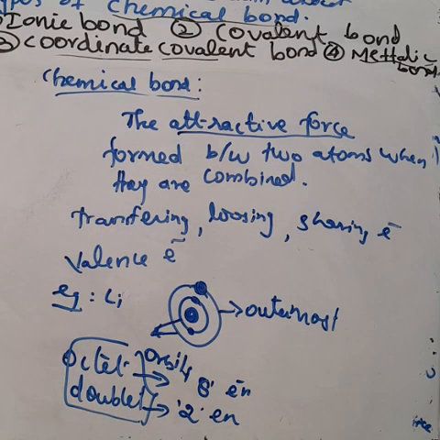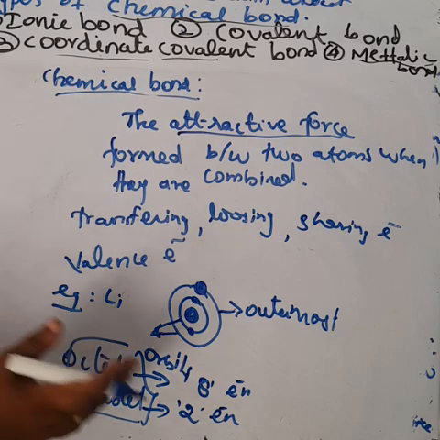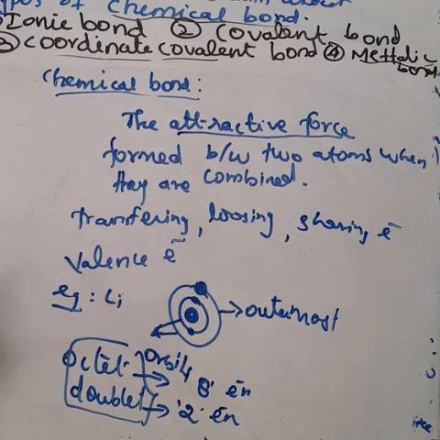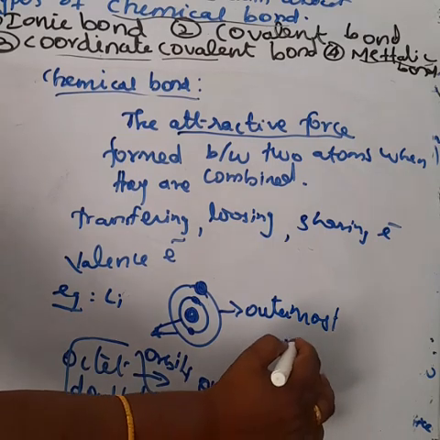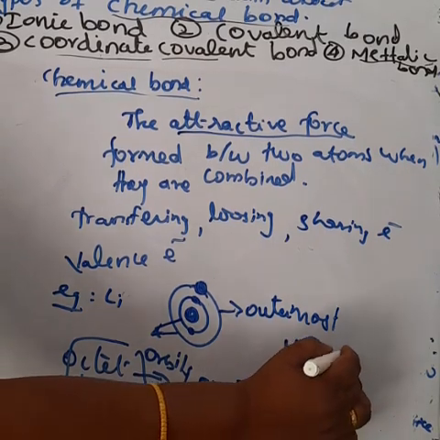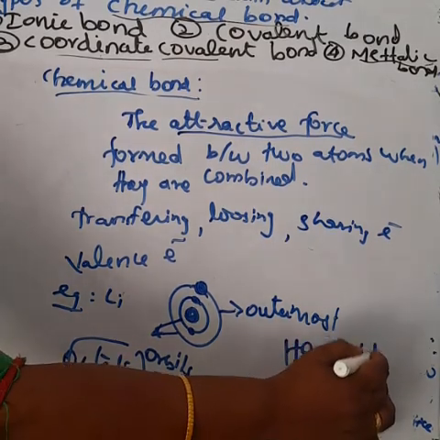But neutral atoms do not have 8 electrons in their outermost orbit, except noble gases. Noble gases have 8 electrons in their outermost orbit except helium. Helium is also stable because it has a complete doublet configuration.